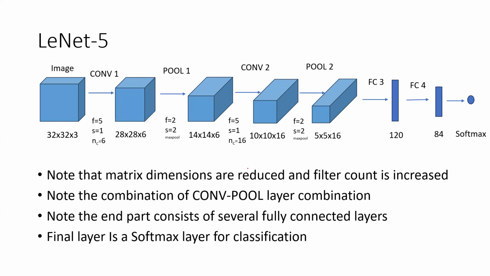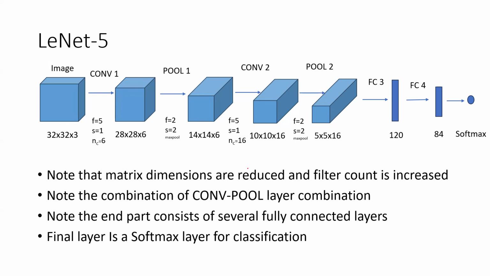Yann LeCun was one of the three people who got the Turing Award a couple of years ago for the innovation of deep learning: Yann LeCun, Yoshua Bengio, and Geoffrey Hinton. Those people were the pioneers of deep learning.